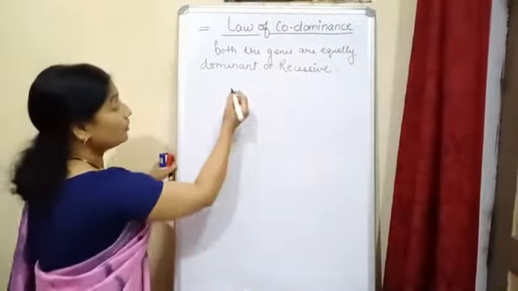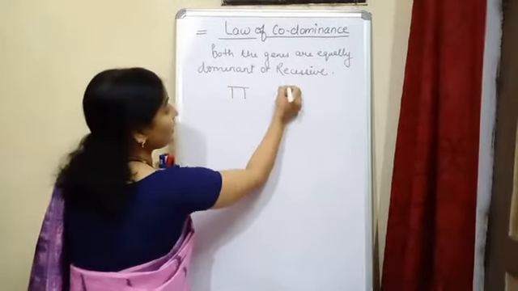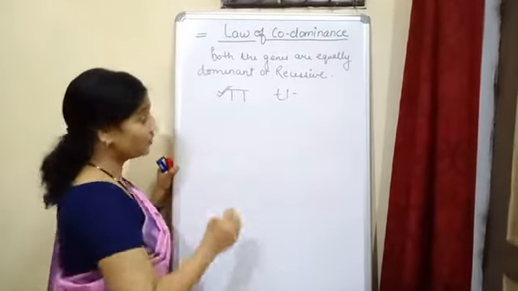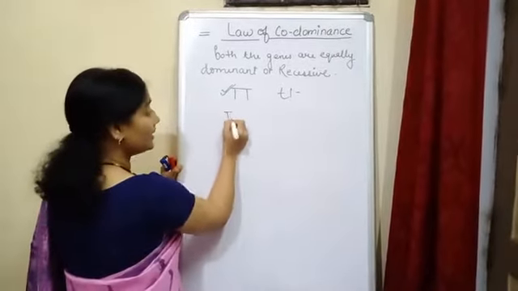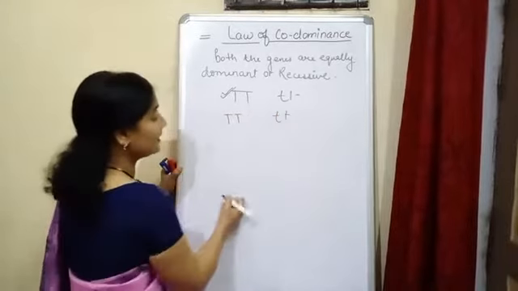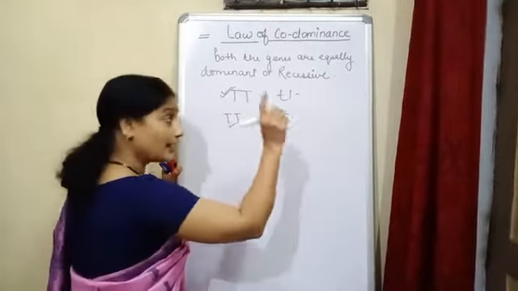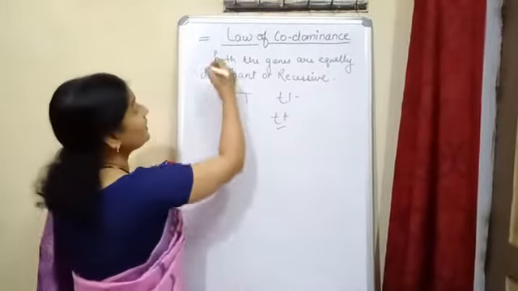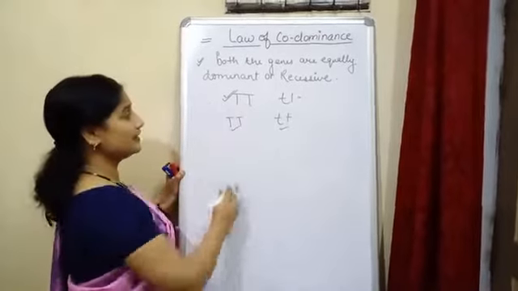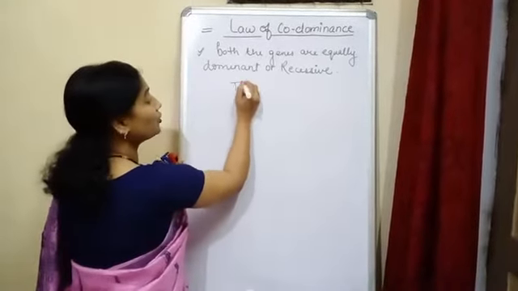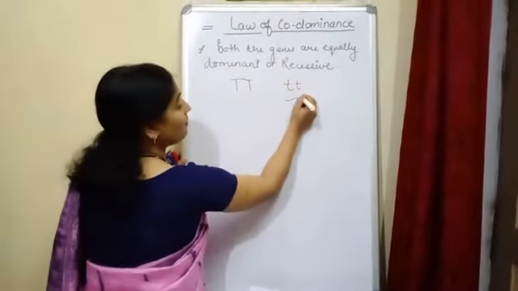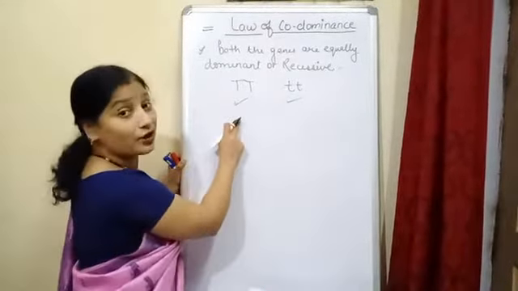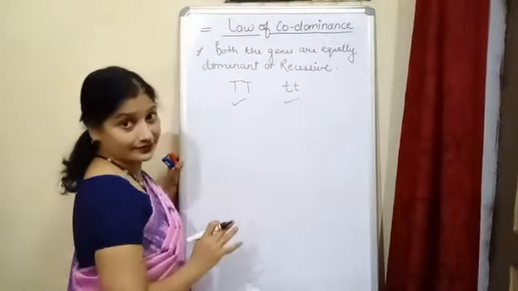The meaning of the law of dominance is when out of the two, one is dominant. The meaning of incomplete dominance is when both of them are not able to express themselves. And the meaning of codominance is when both of them are able to express themselves either in their dominant form or in their recessive form.